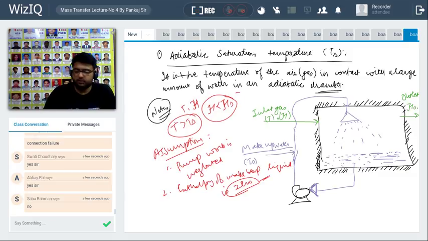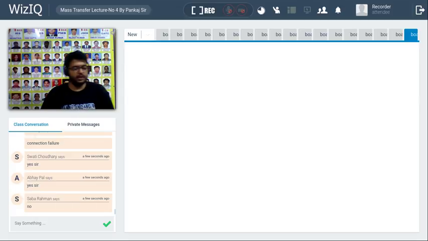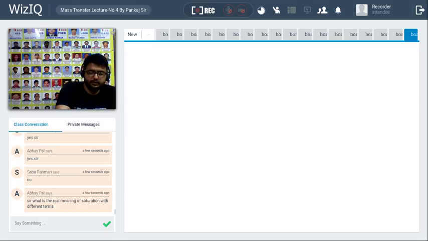Okay, so the derivation, let's do it. Saturation. First, shall we do the derivation, and then I'll tell the whole concept of saturation in detail.